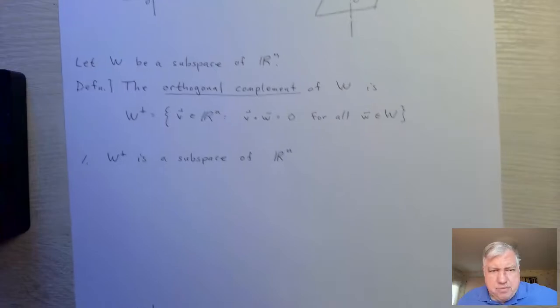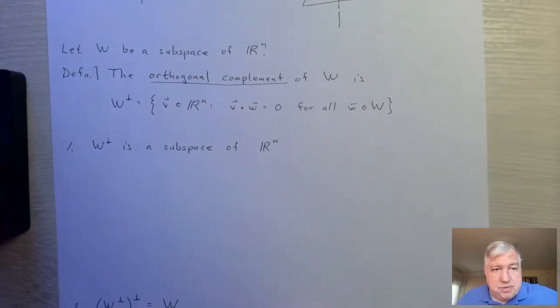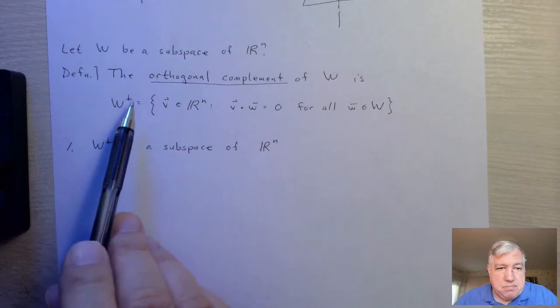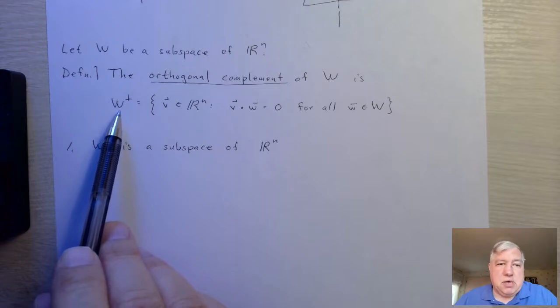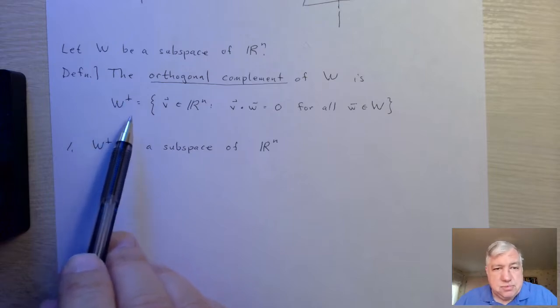Throughout this section, W is going to be a subspace of Rn, and we define the orthogonal complement of W to be this set, which we denote by W with a perpendicular sign. Sometimes we call this W perp, or in some cases I'll slip and say W dual.